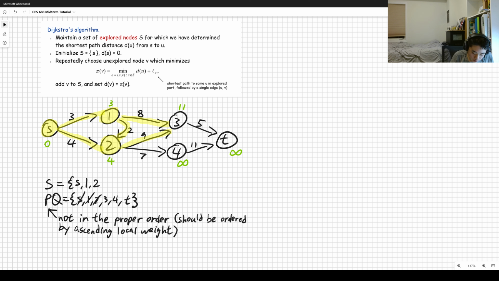Now we look at from 2 to 4. From 2 to 4, we have 4 plus 7, which is 11, which is smaller than infinity. So because of this, let's give number 4 11. So now we have 2 nodes having the local weight be 11.